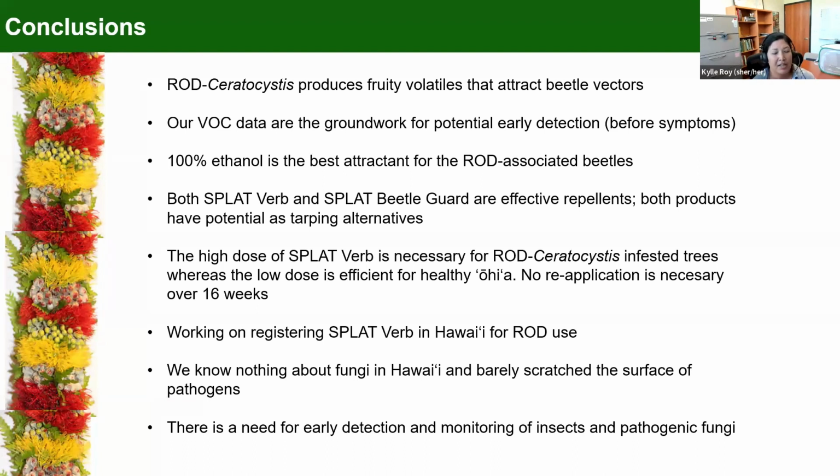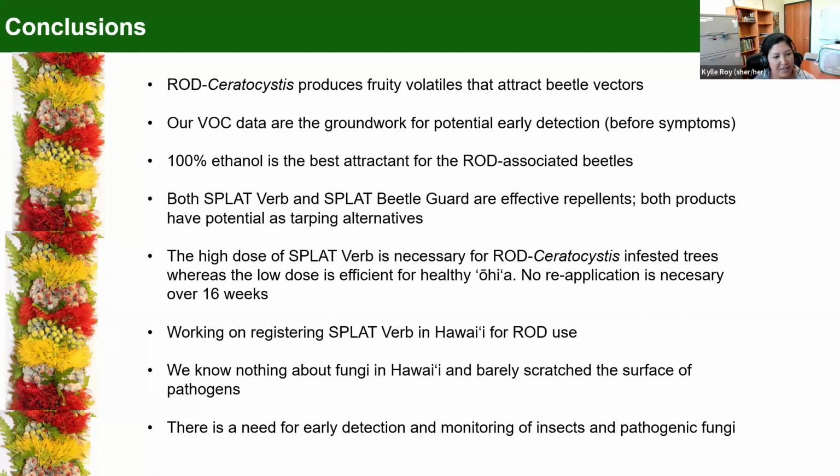So we'll use the high dose of SPLAT Verb for ROD trees, and then the low dose for healthy ʻŌhiʻa. We also saw that there was no reapplication necessary over the 16-week trial period that we conducted. I'm working on getting SPLAT Verb registered in Hawaii to be able to be used.